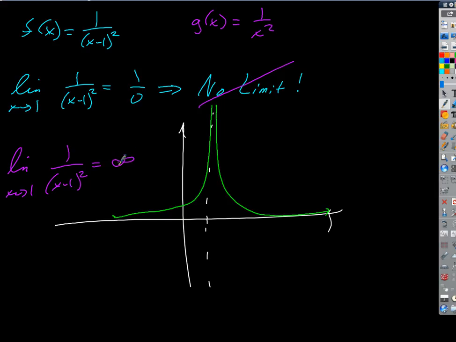When we say something like infinity, you've got to take that with a grain of salt. Infinity is not a number, but it does tell us something important. It tells us that it explodes in a positive direction. That's not a limit, is it? Because that's not a number value. So it really is still no limit, but that's much more descriptive.